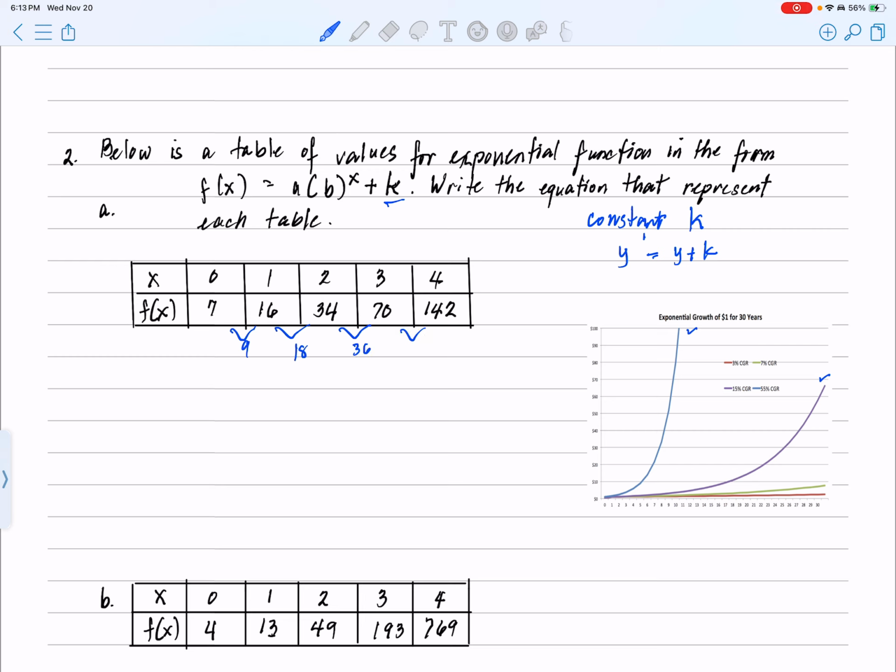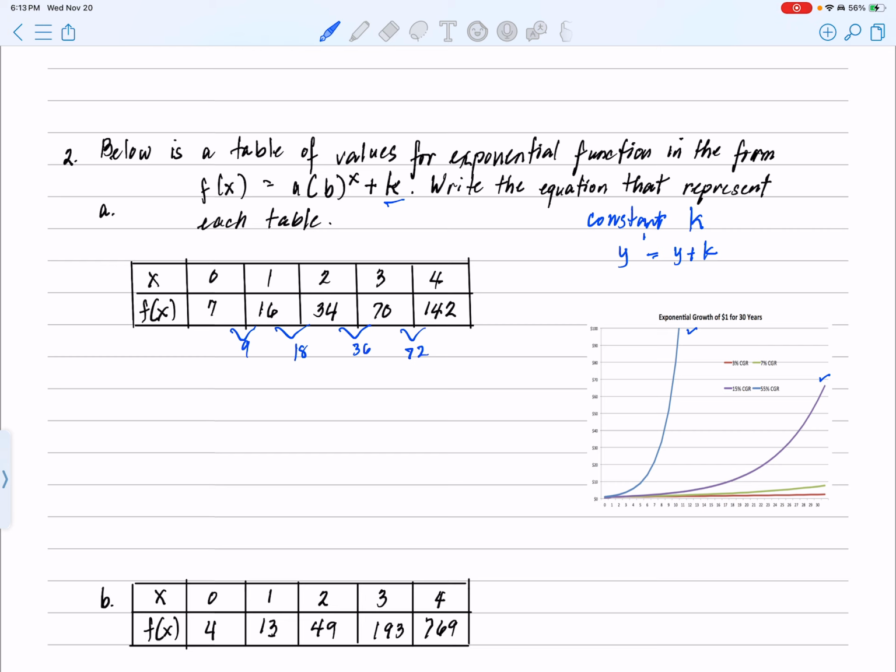By looking at this, we still cannot get the ratio factor to get the b. So we need to think about a certain number that connects the successive data by multiplying.